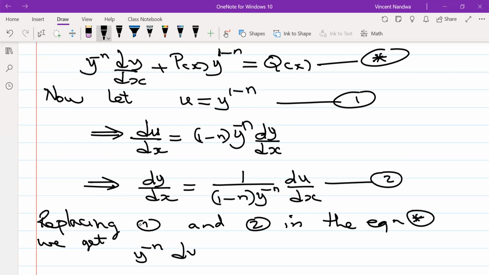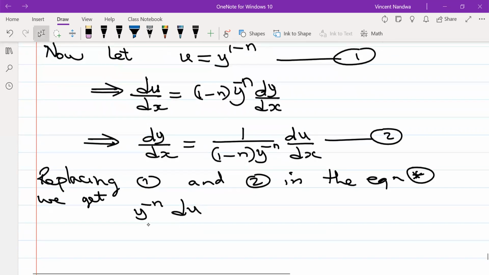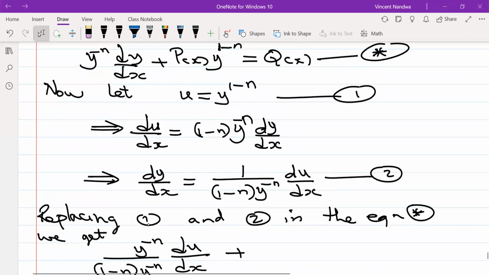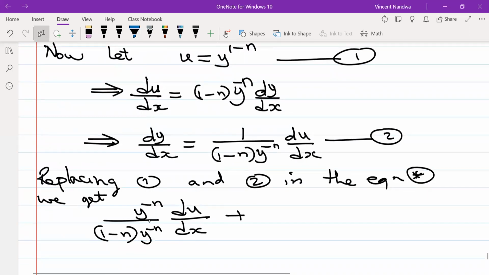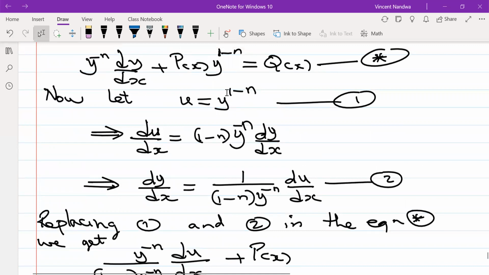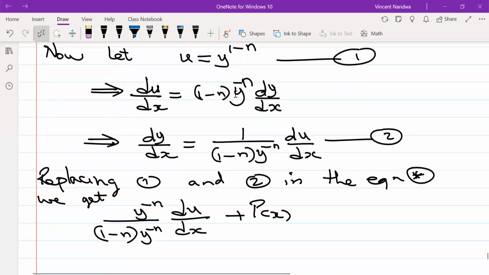So du/dx, then 1 over 1 minus n y to the power minus n, plus p of x. But remember, y raised to the power 1 minus n is u, equals q of x.